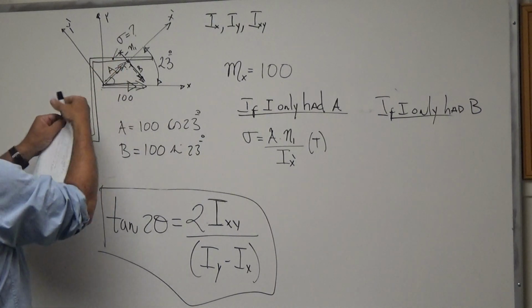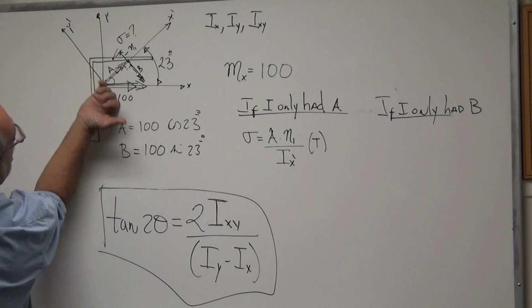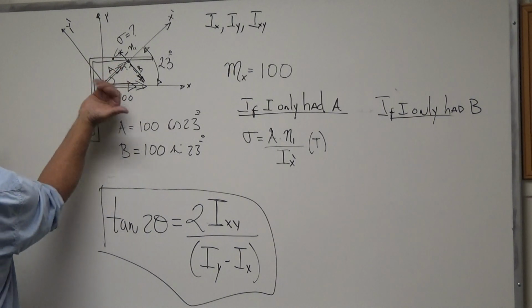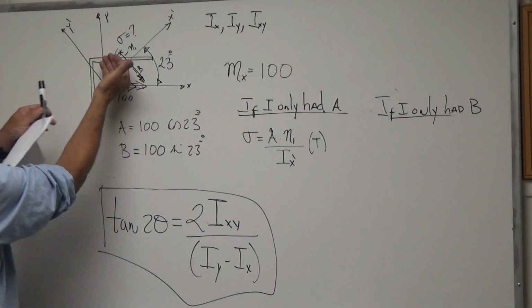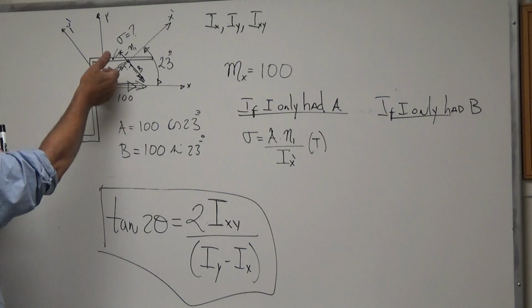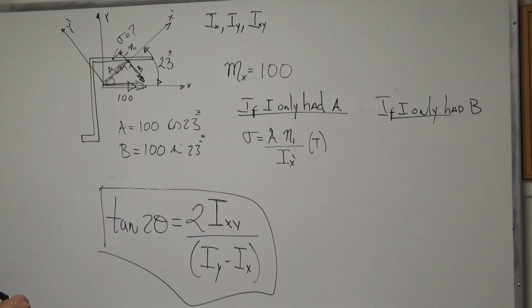So it's turning like this. So what is there going to be due to B? Also tension there, right? Coming out and coming in here. This one is like this, coming out and coming in here. So I also have tension.